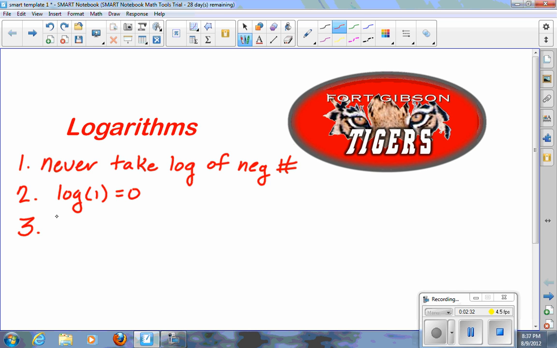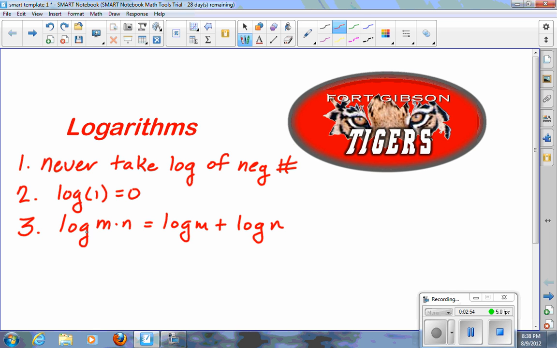The third thing is you can split up a product. So if I have two things that are multiplied together, and again this is any base, so I'm not going to write the base in there, this is just understood to be base 10. The log of a product, you are allowed to split up that product as a sum of the parts.